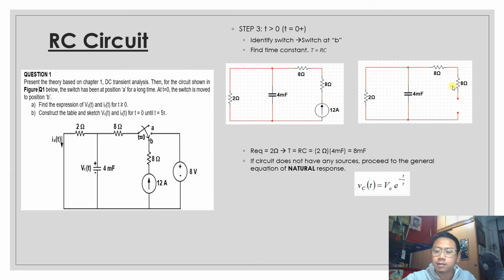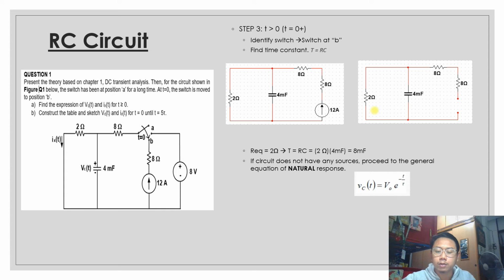The only resistor in the circuit is the 2 ohm, and R equivalent is equal to 2 ohm. Therefore, the time constant is equal to 2 ohm times 4 millifarad, which is 8 millisecond.